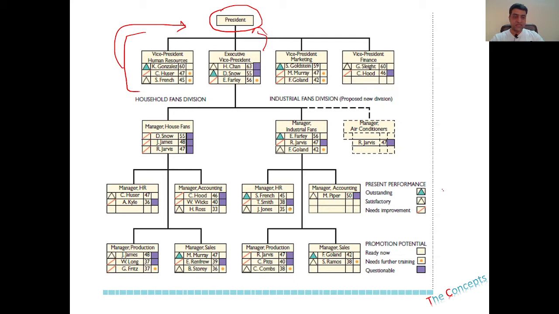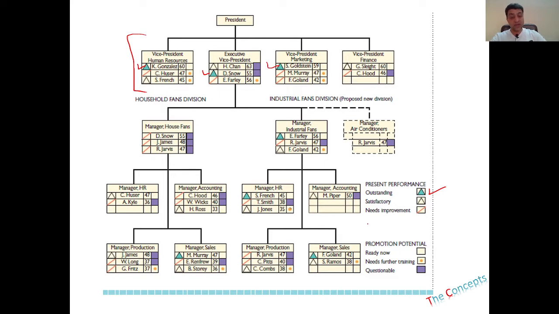So using these keys, we can easily identify what kind of person can be promoted. So let's just look at the people who have the outstanding performance. So who has the outstanding performance from here? This person, and this person. So these three have the outstanding performance.